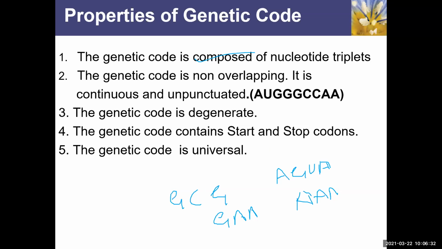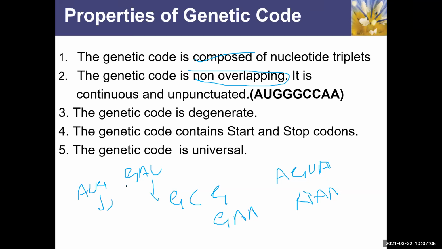Now moving on further, we said that the genetic code is non-overlapping. What does non-overlapping mean? It means the codons are read one after the other. So if you have AUG, it codes for one amino acid. Then you will have, for example, GAU, that will code for another. They are not overlapped.